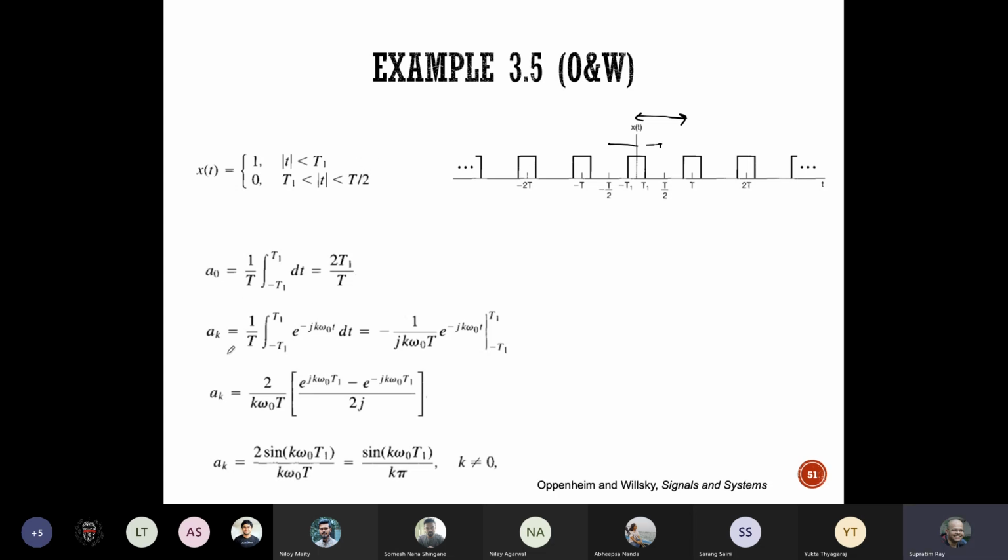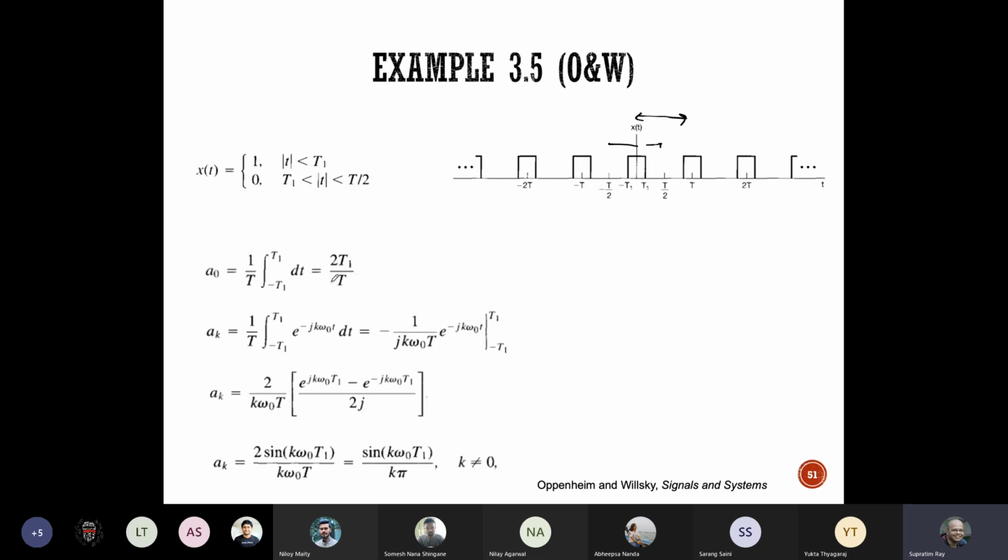So if I look at my Fourier coefficients, the integral could be from 0 to T, or minus T by 2 to T by 2. It doesn't matter which, as long as you're integrating over one period, it's the same answer. So I'm integrating between minus T by 2 and T by 2, but it becomes minus t1 to t1 because outside of that it's 0.